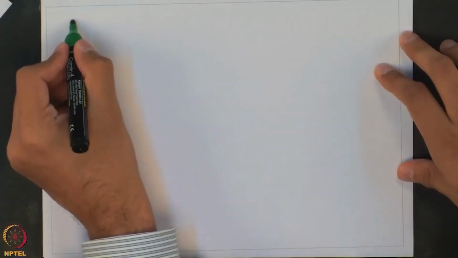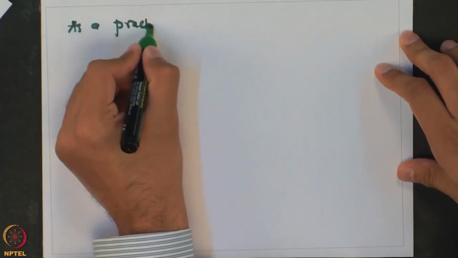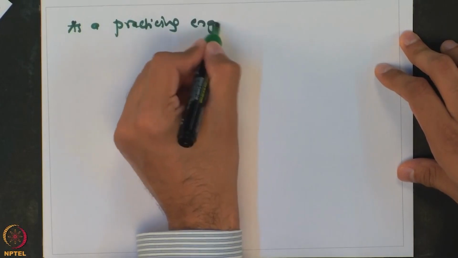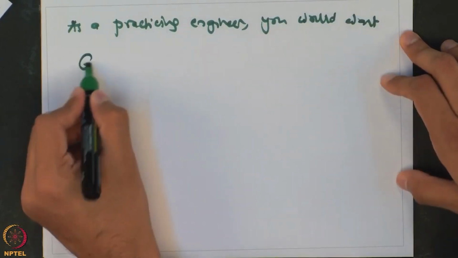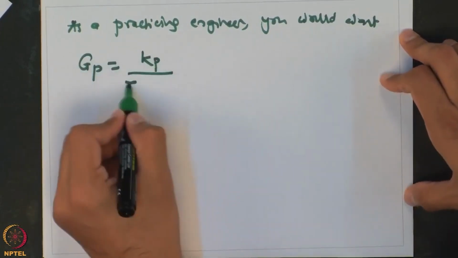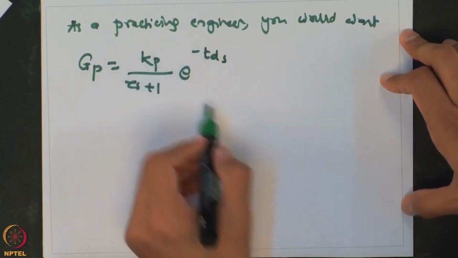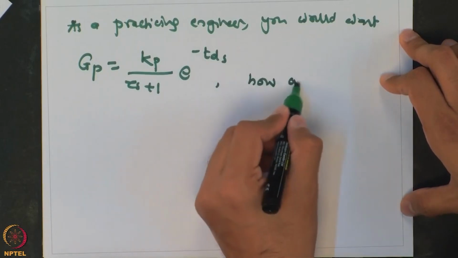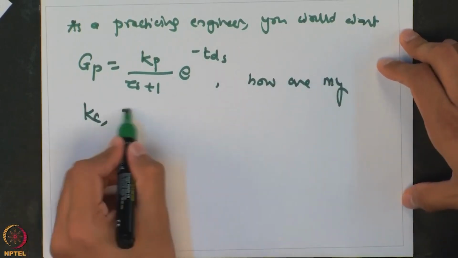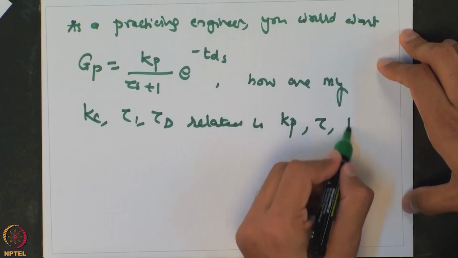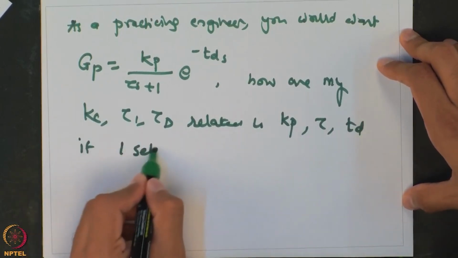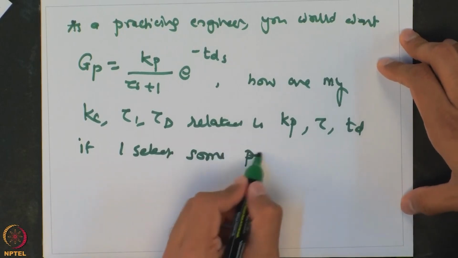So what you would ideally want, as a practicing engineer, is, if my process is let us say first order plus dead time, how are my Kc, tau I and tau d related to the process parameters if I select some performance criteria.